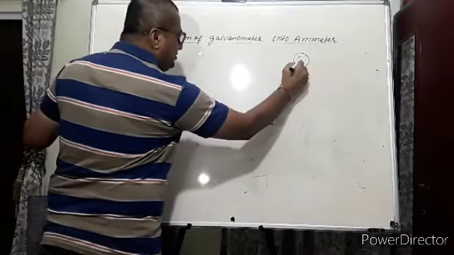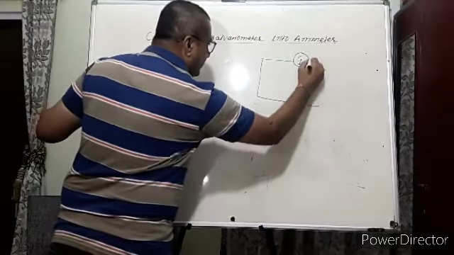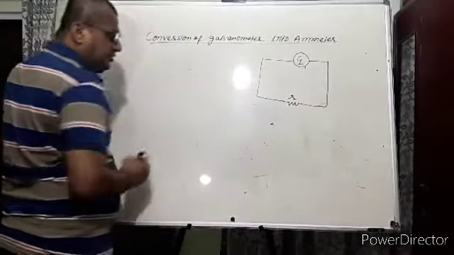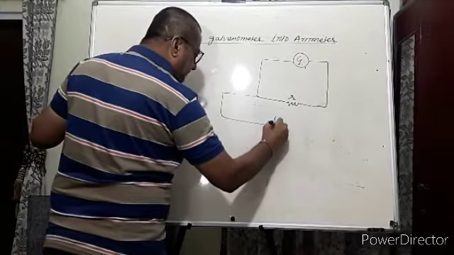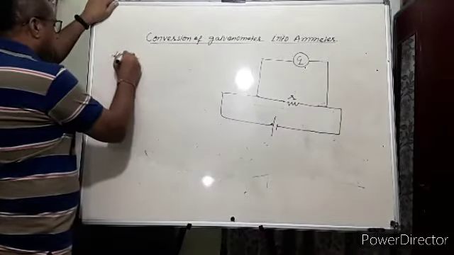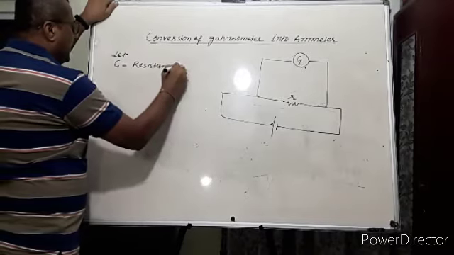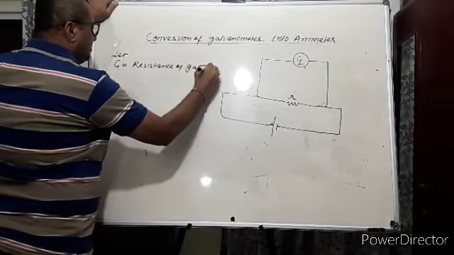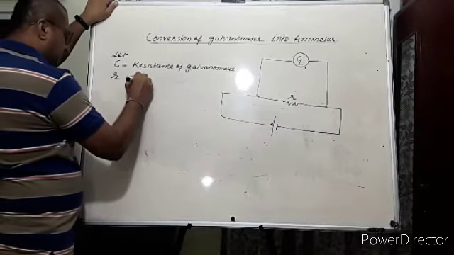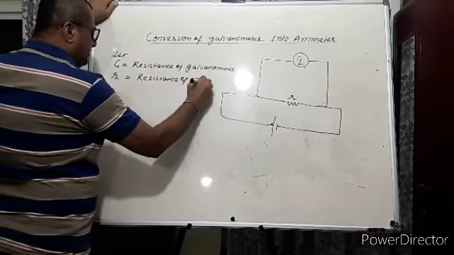Suppose the resistance of the galvanometer is G, and now a resistance R is connected in parallel to it.